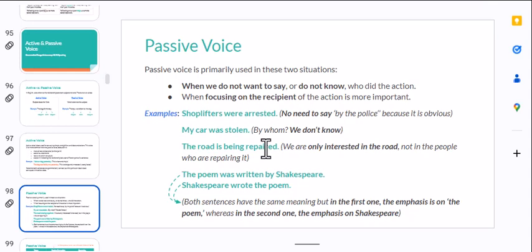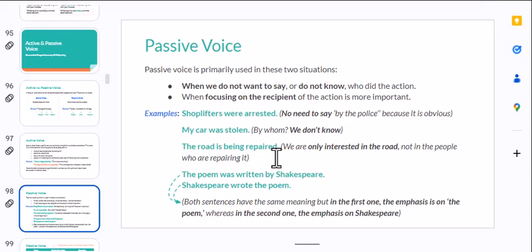And now let's look at an example of the second situation in which we have to use the passive voice. Here is our sentence: The road is being repaired. I noticed that in this sentence, we're only focusing on the receiver of the action.